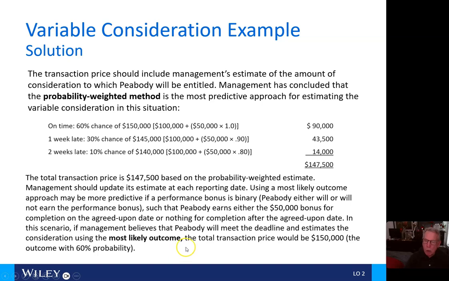In this scenario, if management believes Peabody will meet the deadline and estimates consideration using the most likely outcome, the total transaction price, therefore, would be the $150,000, because that had a 60% probability in a binary situation.